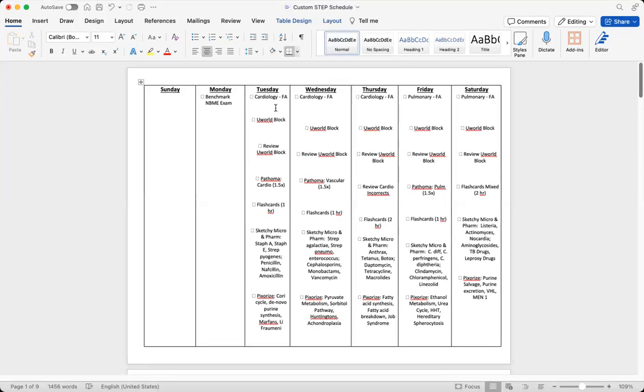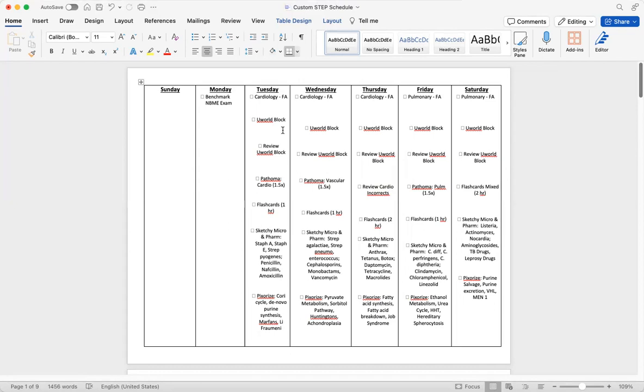I would always look prior to starting studying at how long the First Aid chapters were, and then I would give that particular chapter the approximate number of days that I would need, and then I would divide the total amount of pages within that chapter by those days.